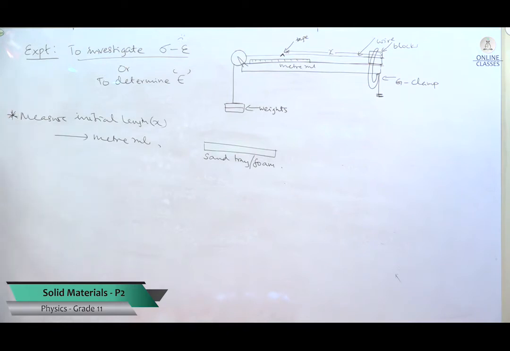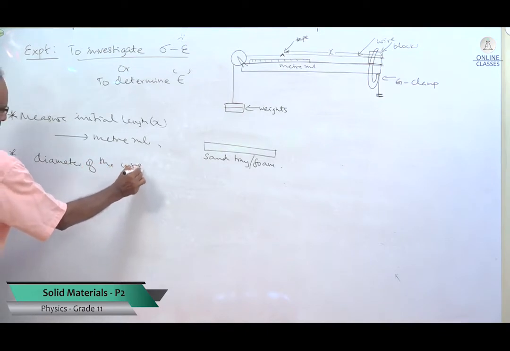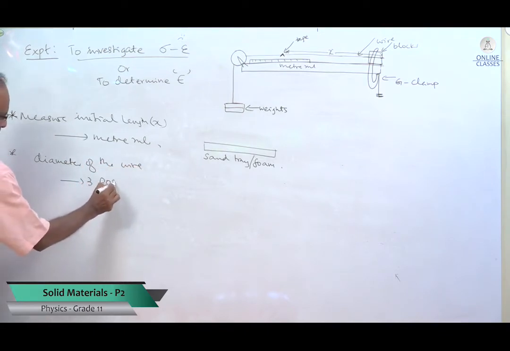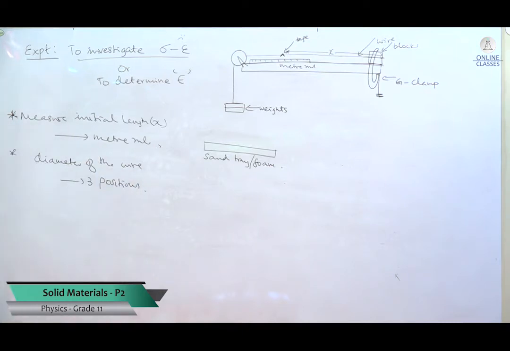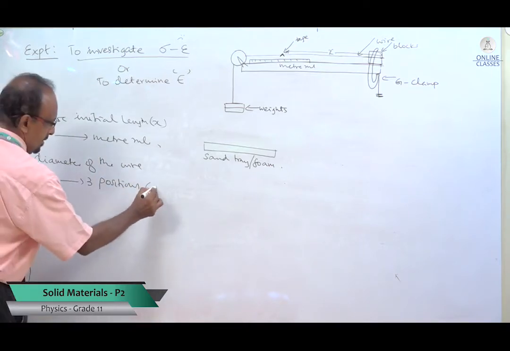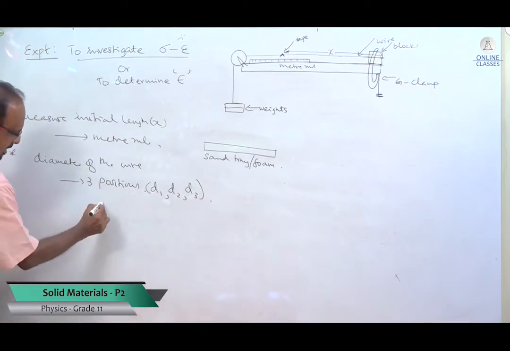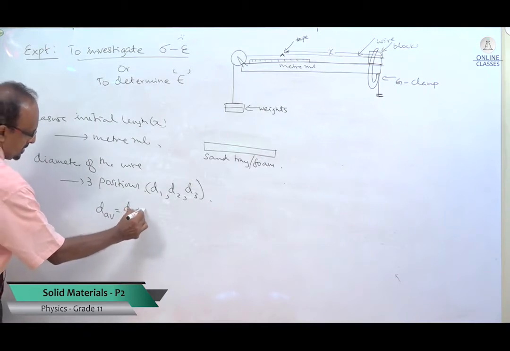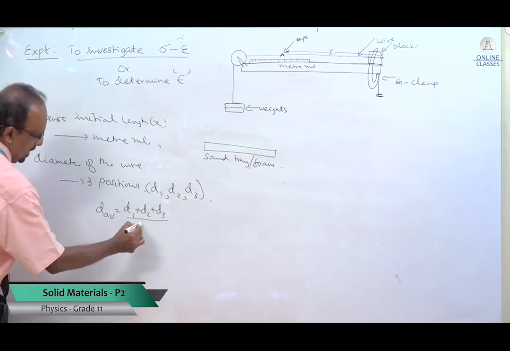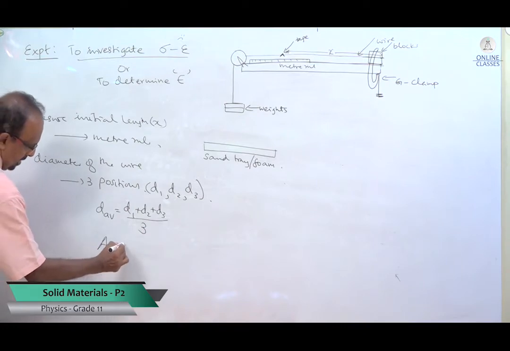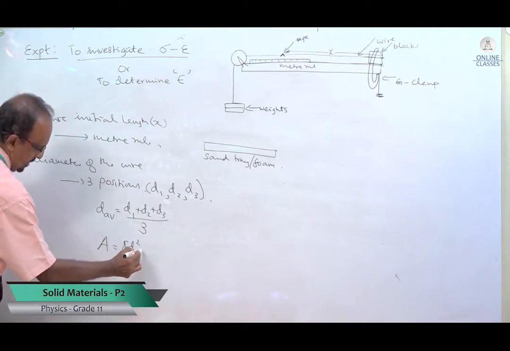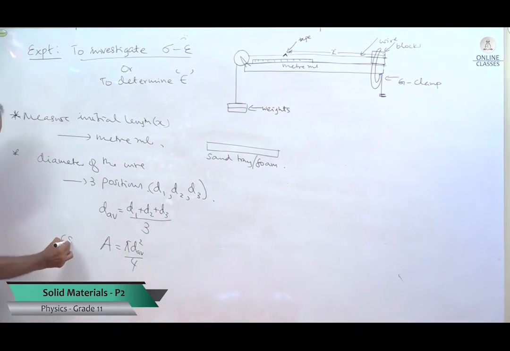Then we can measure the average diameter of the wire from three positions, say D1, D2, D3. Then we calculate the average diameter, D1 plus D2 plus D3 divided by 3. Then the area will be pi D average squared divided by 4. This is the cross-sectional area.